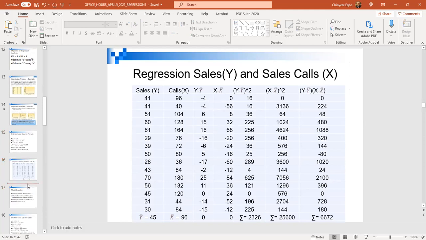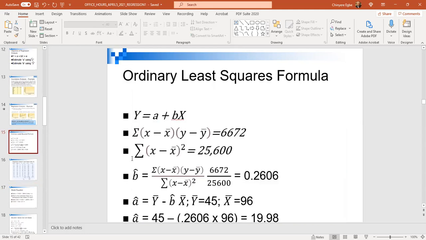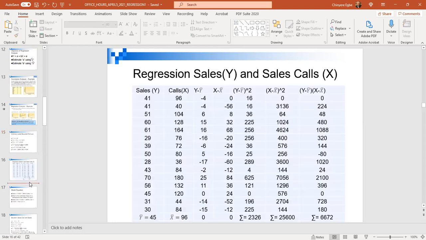I'm going to stop sharing this for a minute, but like you see, we have y minus y bar, we have x minus x bar, and we're going to be dealing with these summations. Okay, so let us see how we get to the summations.